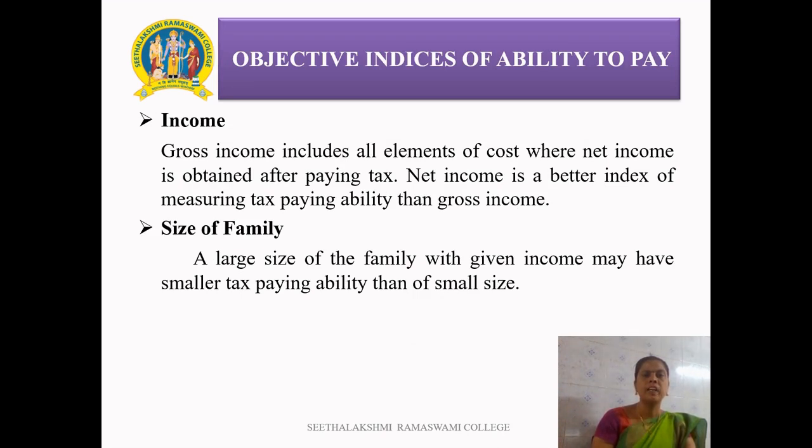Gross income includes all elements of cost, whereas net income is obtained after paying tax. Net income is a better index of measuring tax paying ability than gross income. Adam Smith was the first economist who accepted income as a measure of tax paying ability of an individual. Later, it is generally accepted by all.